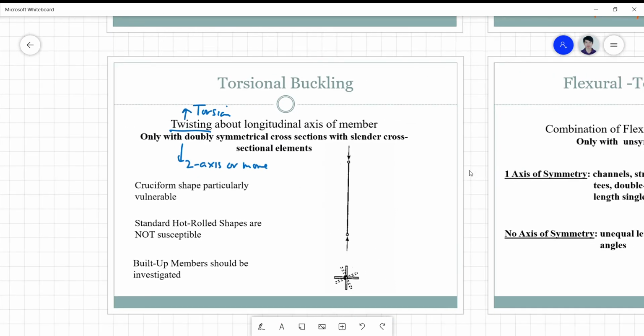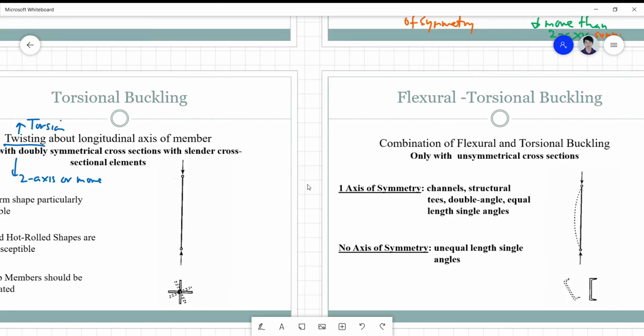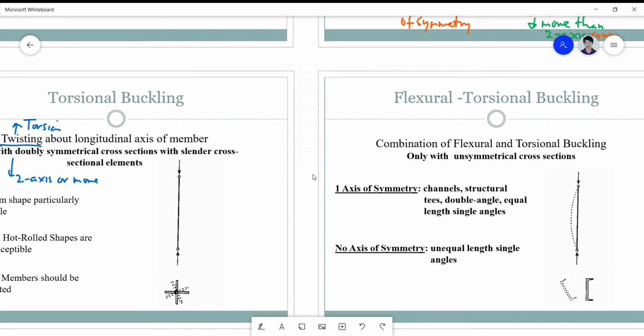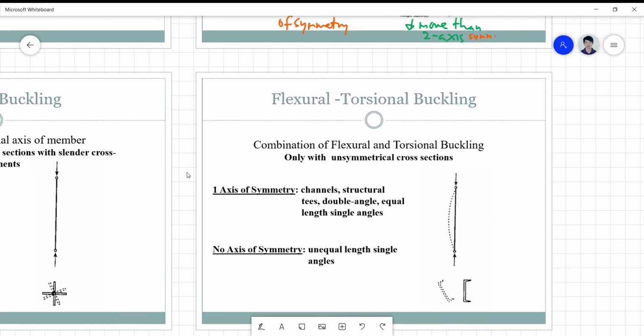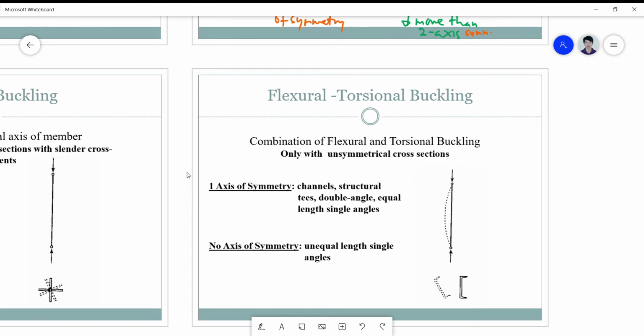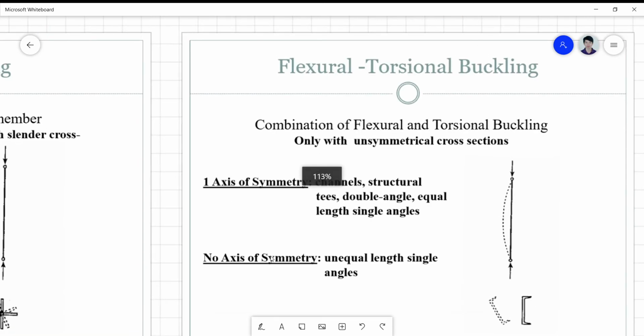Now, for flexural torsional buckling, there are two sub-cases wherein one axis of symmetry and no axis of symmetry are the ones susceptible to it.